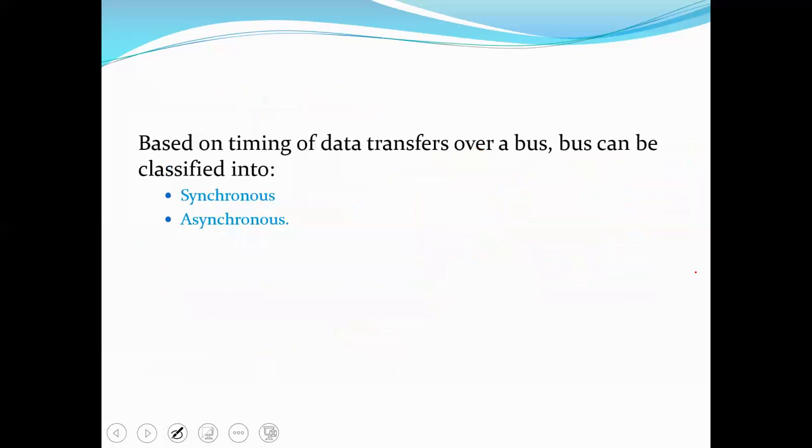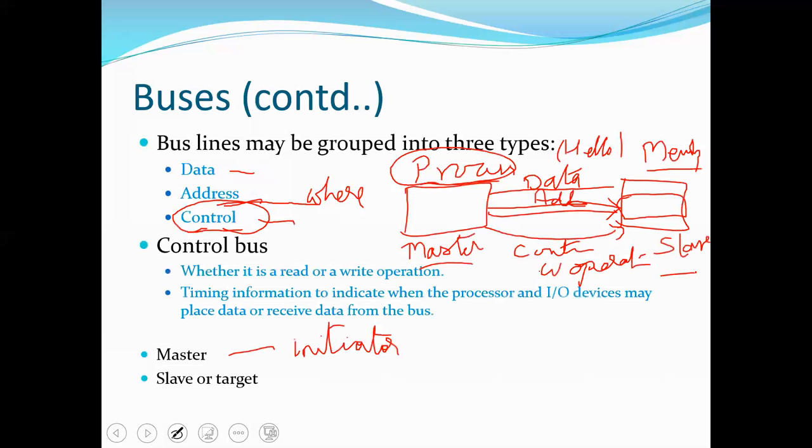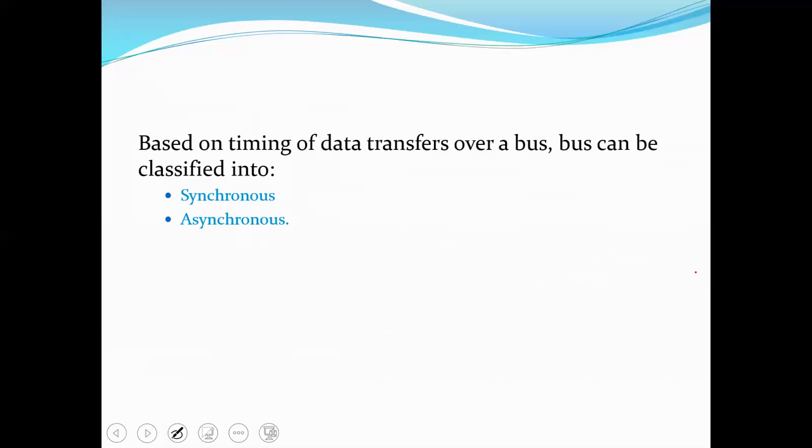Based on the timing at which the data is put into the bus, and when the data is received by the slave device, the buses can be grouped into two types, namely synchronous and asynchronous.